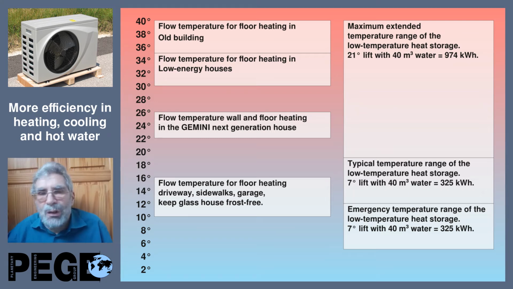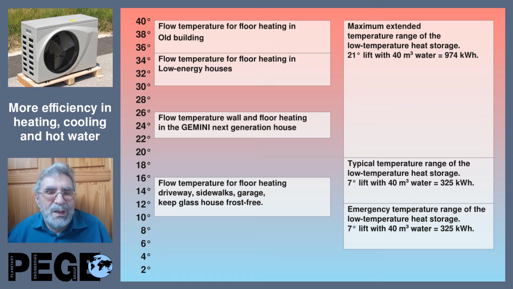And now we have on the right side the temperature ranges of the low temperature heat storage. In the middle, a little bit down, it's 7 Celsius between 12 degrees and 19 degrees, and even this is 325 kilowatt hours of heat.